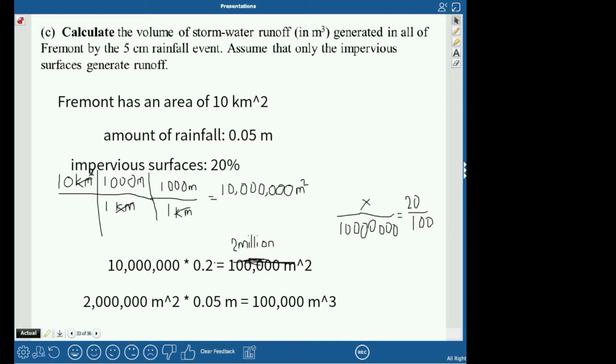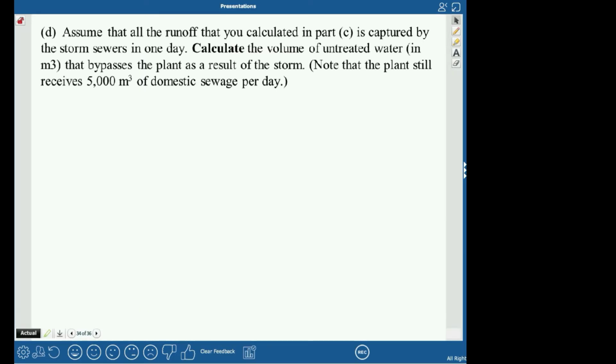You wouldn't have to write these impervious surfaces notes; I just wrote them because we don't have that chart in front of us. This would basically be your work, that's what you need to show, and that would be your answer.